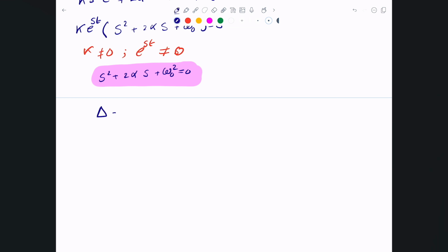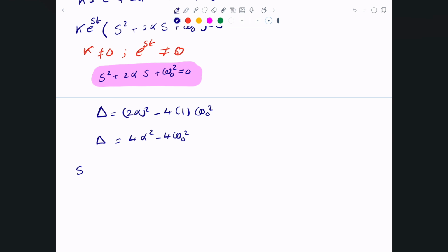The roots of this characteristic equation can be computed using the discriminant. So delta is simply b squared, which is 2 alpha squared, minus 4 times a, which is 1, times omega 0 squared. That tells me it's 4 alpha squared minus 4 omega 0 squared, and that's the delta.